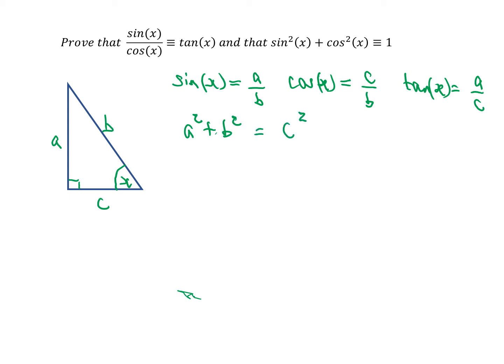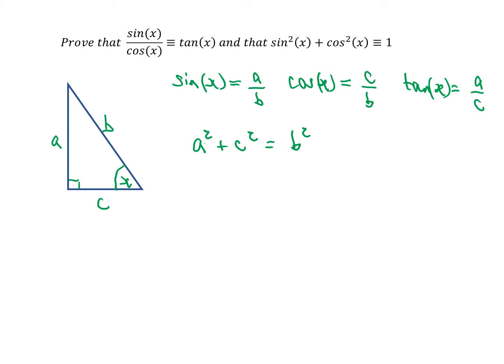No, that's not right, is it? Start again. A squared plus C squared equals B squared. So these things that we've written down are true for any right-angled triangle in the universe.